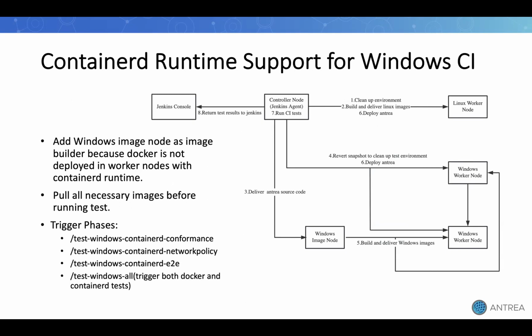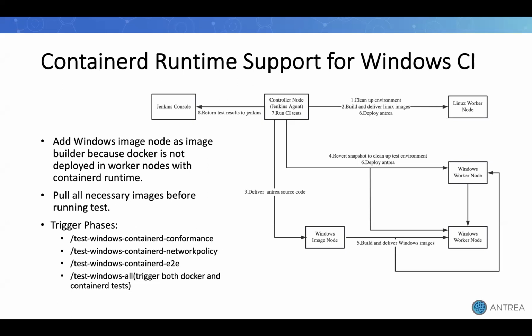The most different point for the containerd testbed is that it has one more image node for image building, because we don't want to install and manage both containerd and Docker on the same Windows host, and it could bring potential conflicts during tests. So we only run containerd on Windows worker nodes, and only run Docker for building images on another Windows image node. Other workflows for the containerd CI pipeline are the same as the Docker testbed.